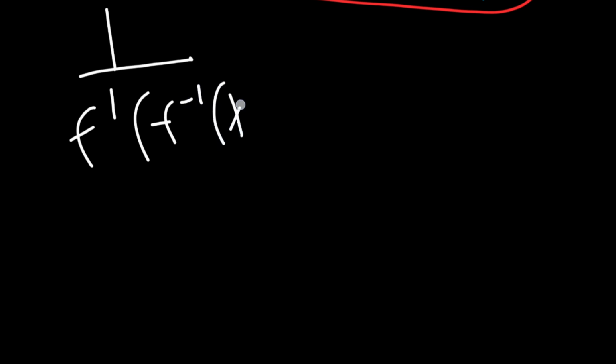The derivative of the inverse function is 1 over f prime of the inverse. Now, it's weird because you think, wouldn't it just be the derivative of f negative 1? And it's simply not the case for some reason.